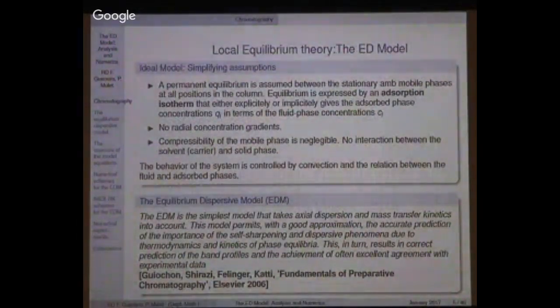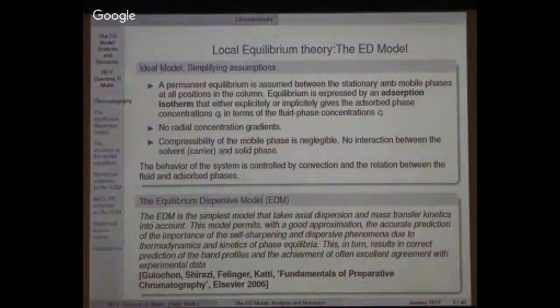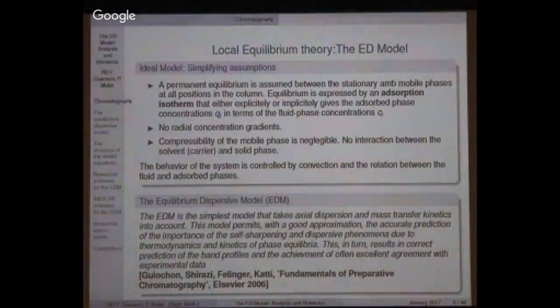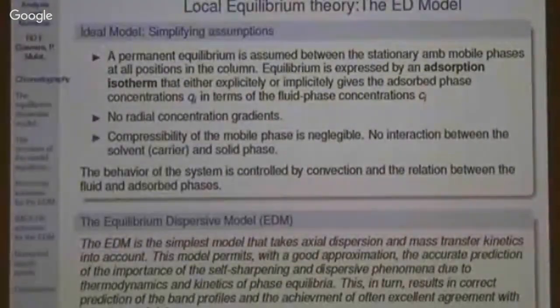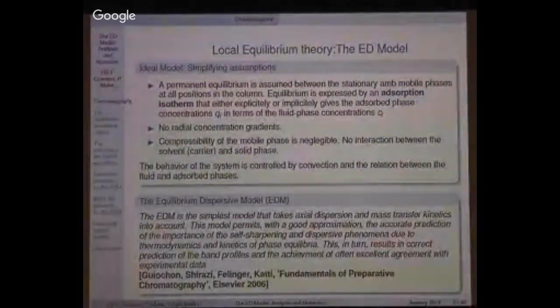So the equilibrium dispersive model is an ideal model that nevertheless seems to fit quite well the physical experiments. So what are the simplifying assumptions? So you assume a permanent equilibrium between the stationary and the mobile phases. And this permanent equilibrium can be expressed by something which is called an adsorption isotherm. This adsorption isotherm expresses the concentrations of the components in the stationary phase in terms of the concentrations of the fluid phase.